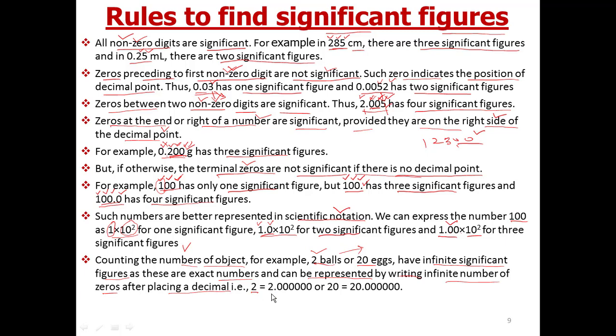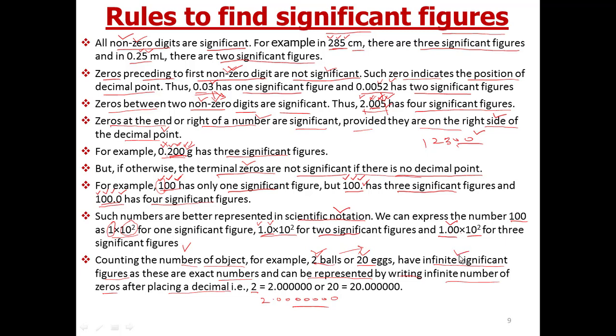So we can write 2, or we can also write 2.000, it is the same, and the zeros after the decimal are significant. So we can put an infinite number of zeros. The absolute numbers have infinite significant figures.